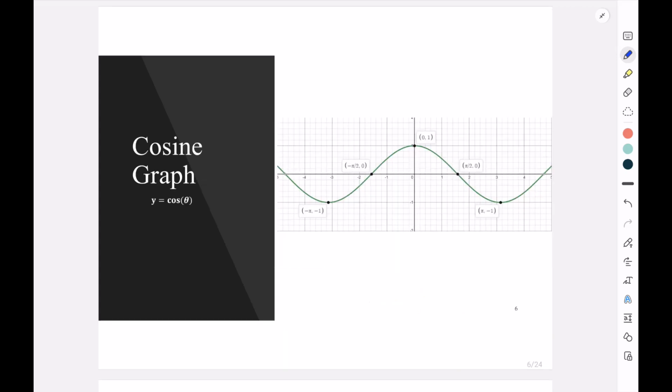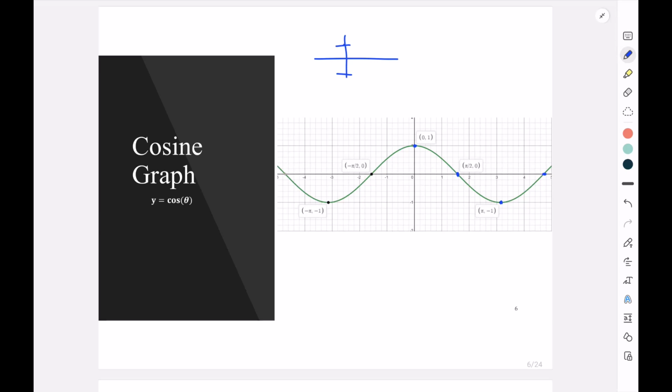So next we can look at the cosine graph, and for the cosine graph we actually start up at our amplitude, we go back down to the center, back down to our lower amplitude, and back up to our center, and we would go up again to our amplitude, and that would technically be one full period. So if we're graphing our cosine function, let's say the amplitude is 1, and our center is 0.